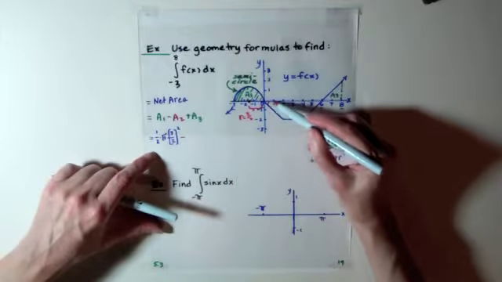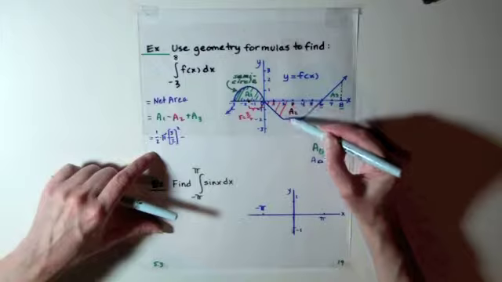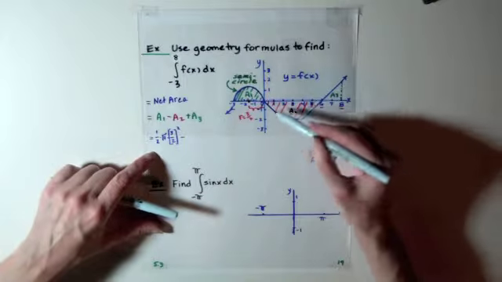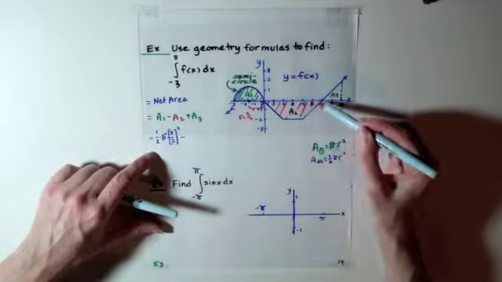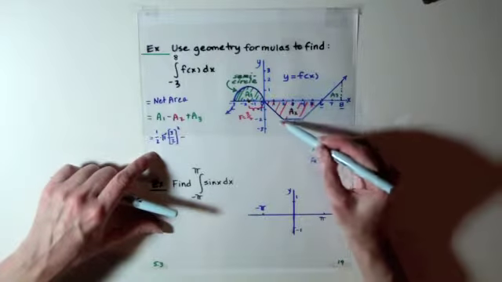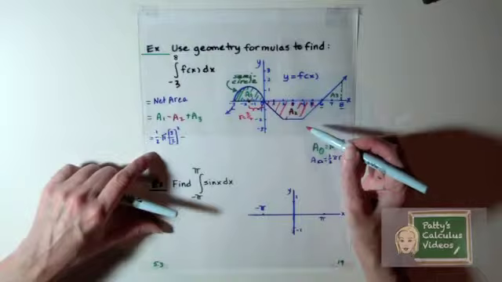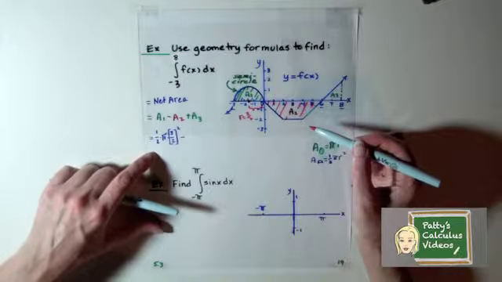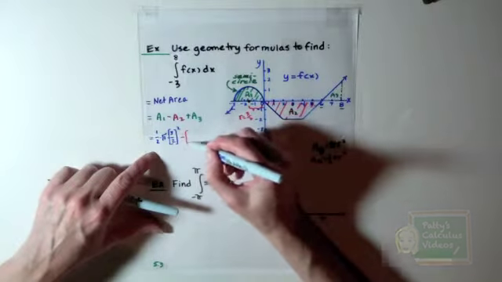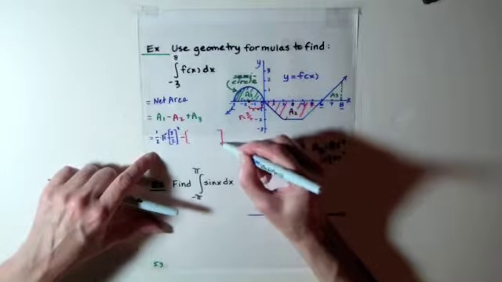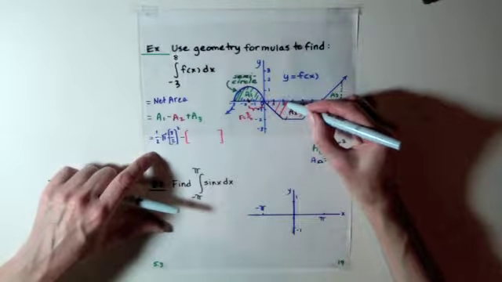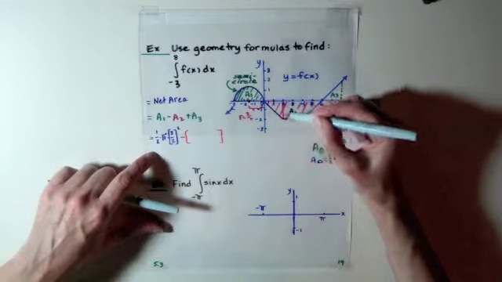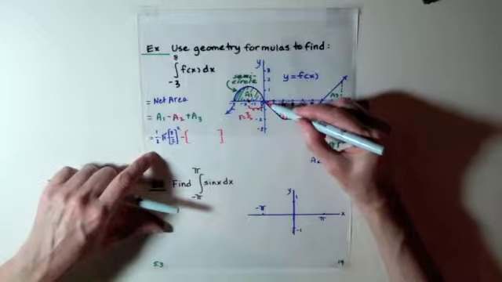To figure out this area, there are a couple of ways of going about it. One way is to notice that this is a trapezoid, because this x-axis is parallel to the bottom of the trapezoid. So that would be one way to do it. Or if you have trouble doing it that way and you've forgotten what the formula is for the area of a trapezoid, you could break this up into a couple of triangles.